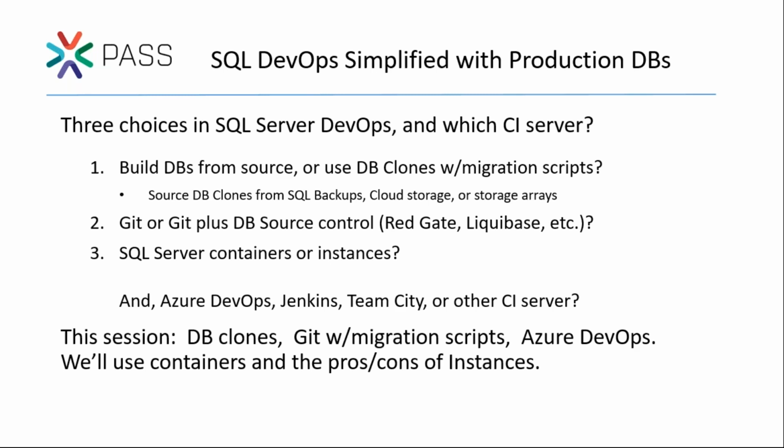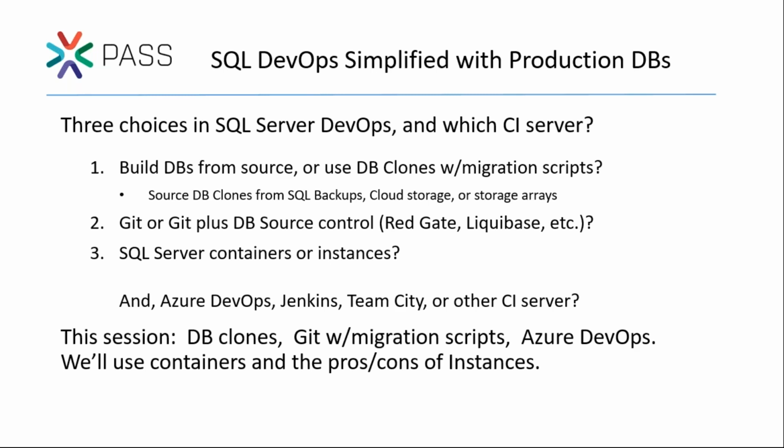Now, we're going to focus in this session on the benefits of working with database clones. We're going to get into this in greater detail. But in addition to that decision, you also face a choice of what form of source control you're going to work with.